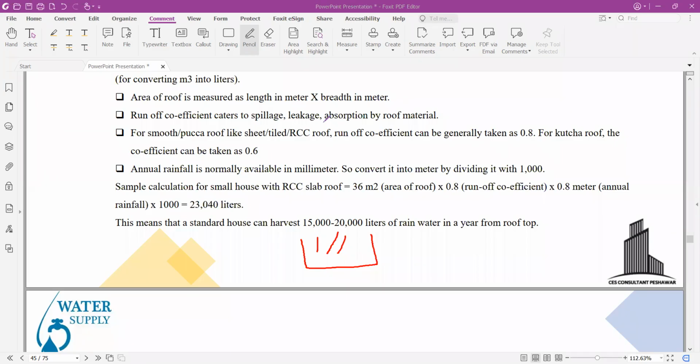Depending on the demand, we decide what volume of elevated storage tank is provided in a system.